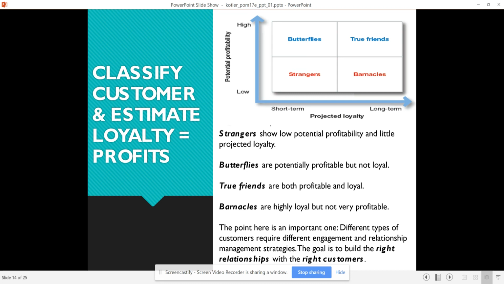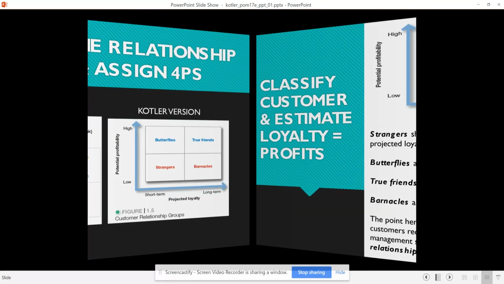So the money that they spend on marketing to me isn't going to make sense because I don't have all the benefits of 2-day shipping, or sometimes I just need to get something on the island and I need it fast, so I'm not going to go to Amazon. But the whole point here is to identify different customers and relationship strategies so that we have the right relationship and the right customers at the right time.